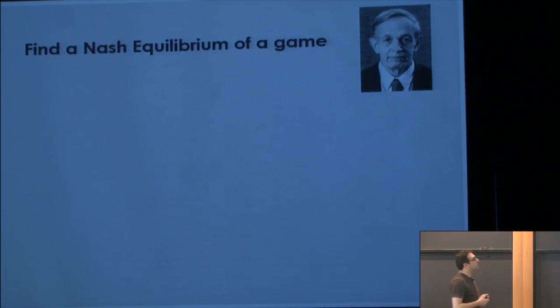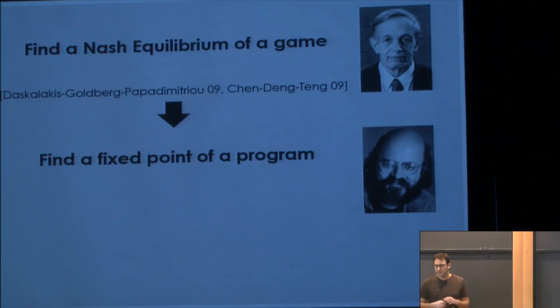So the first step towards proving that Nash is hard was made in a sequence of work starting with Papadimitriou that showed that you can actually translate Nash into a problem about computation. So specifically, if you can find a Nash equilibrium of a game, you can also find fixed points in programs that have some specific structure. And a fixed point is just an input that the program maps back onto itself.